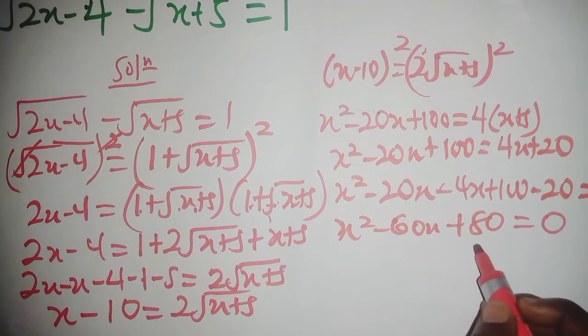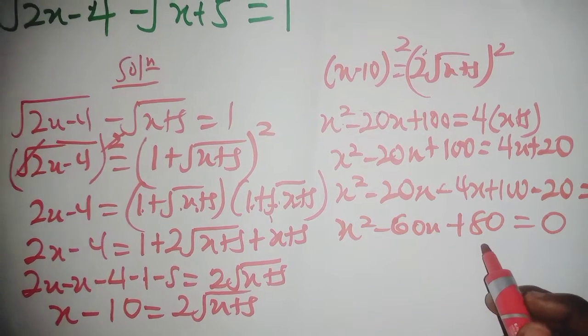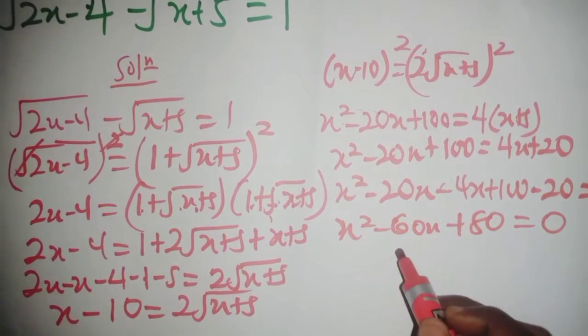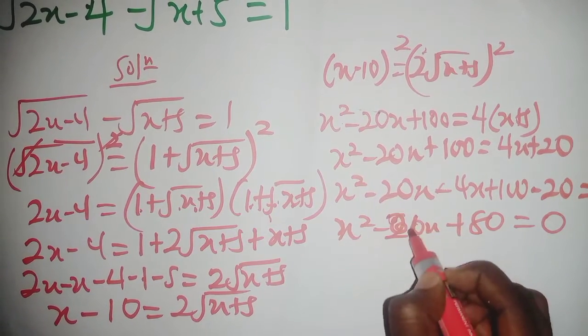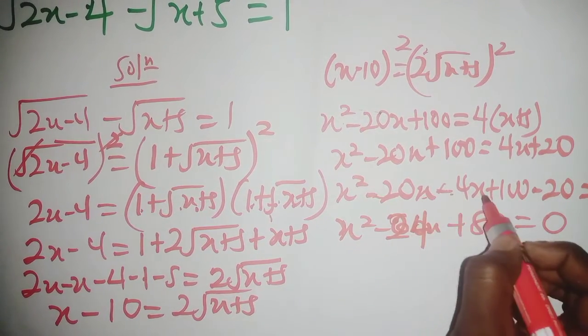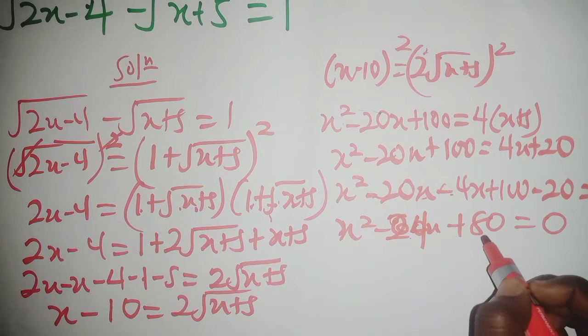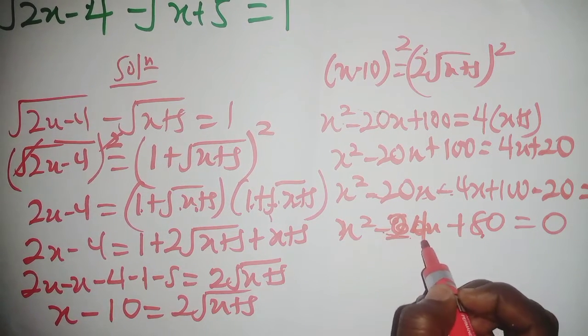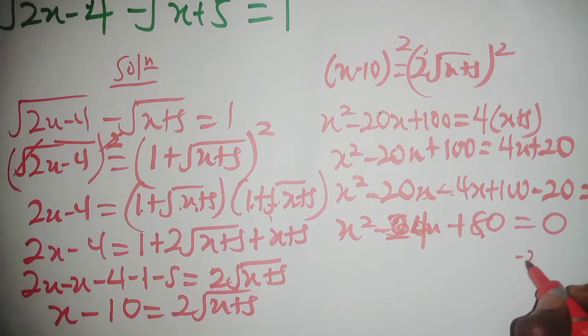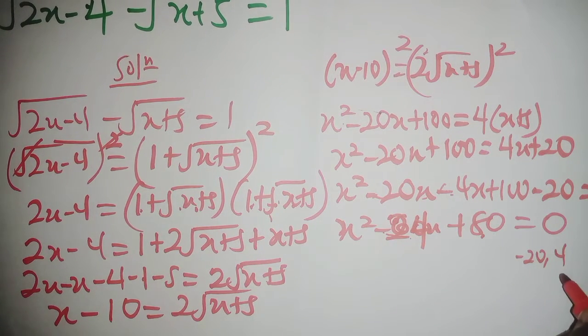Remember with this quadratic equation, I have to get two numbers. When I multiply, I should get 80. When I add these numbers I should get negative 24, and that is just going to be 20 and then 4, right?